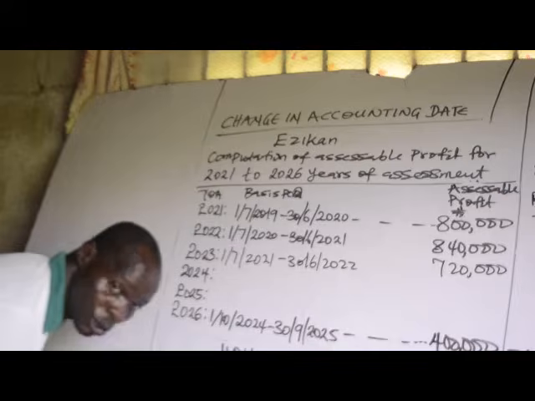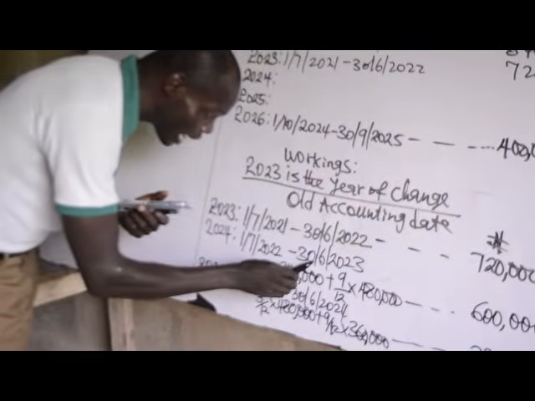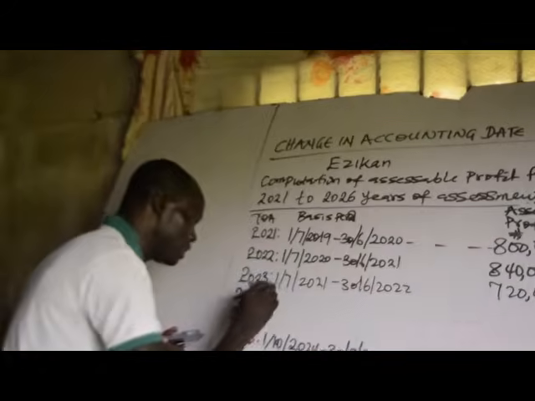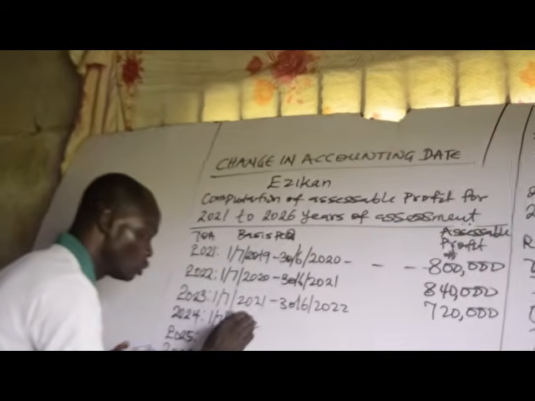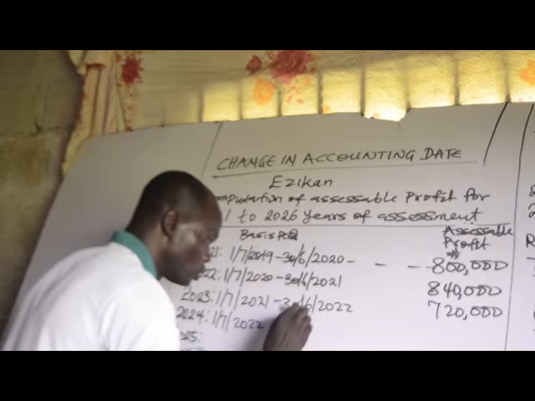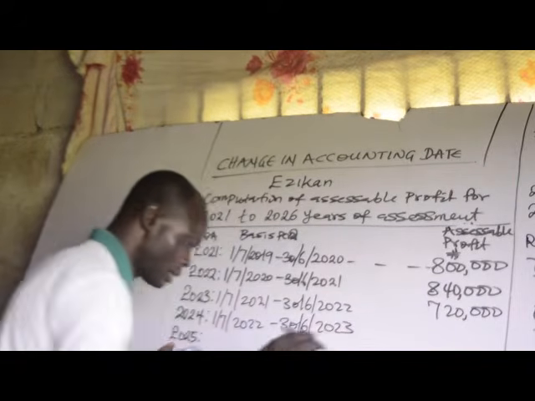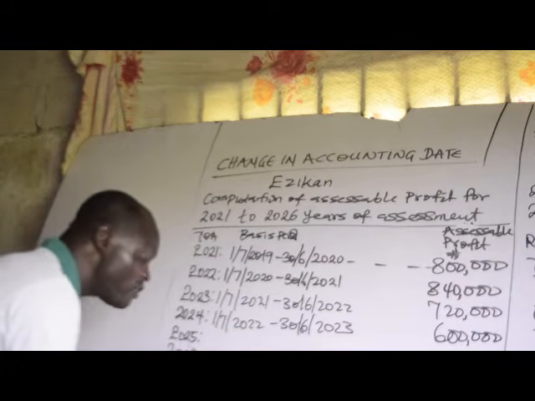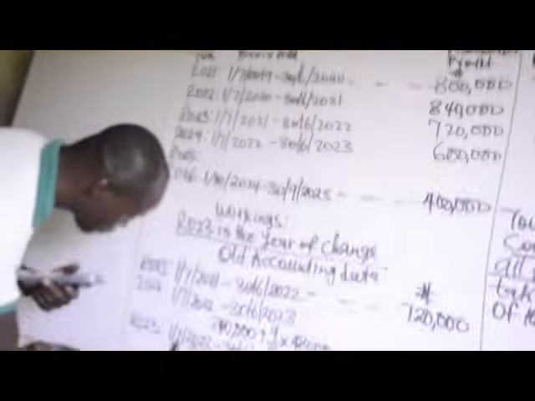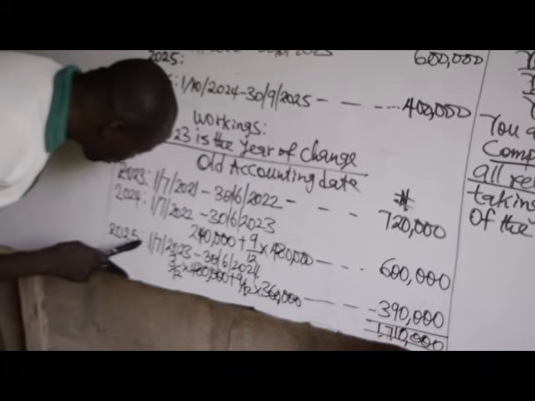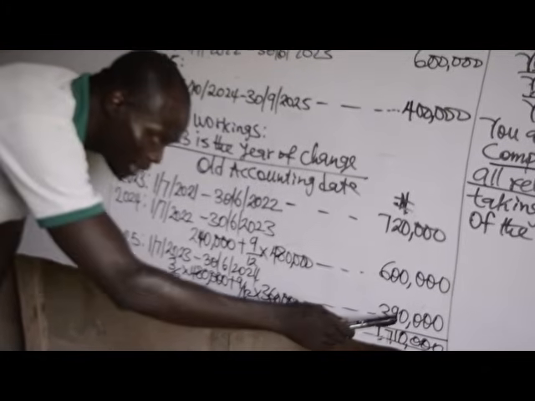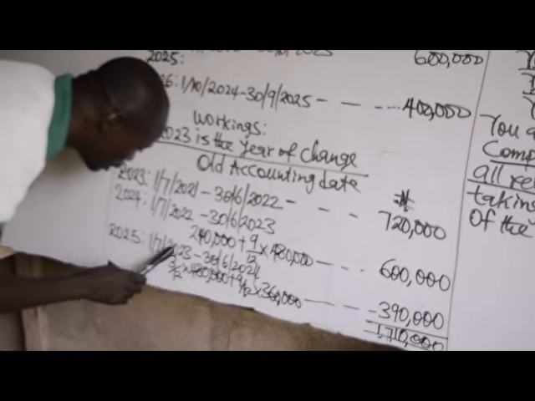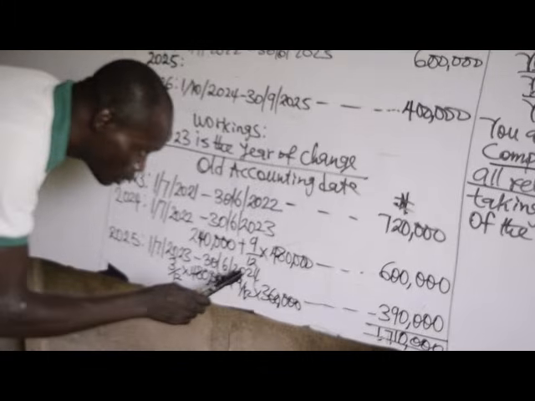We also have 1st of July 2022 to 30th of June 2023, and that amounted to 600,000. Then the 2025 year of assessment. The assessable profit for 2025 year of assessment amounted to 390,000 naira, and the basis period is from 1st of July 2023 to 30th of June 2024.